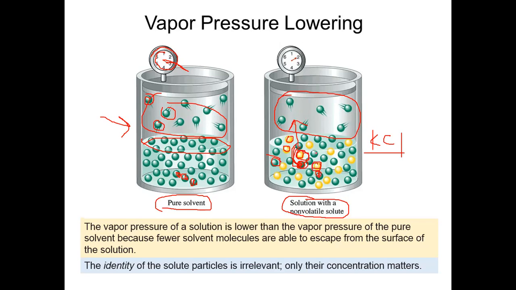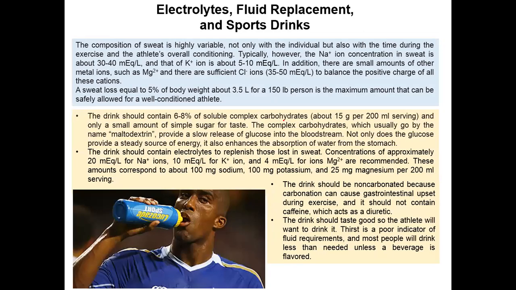So escaping into vapor is complicated for water molecules, and the water vapor pressure of the solution becomes lower. Did you guys get the point or not? Yes, thank you. All right, I'll skip this one because you can just read it yourself.